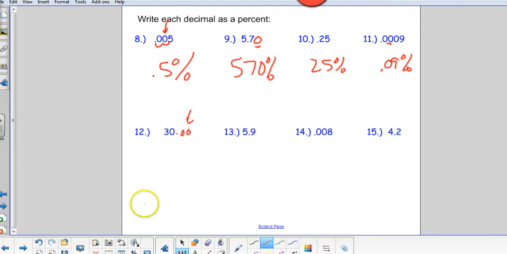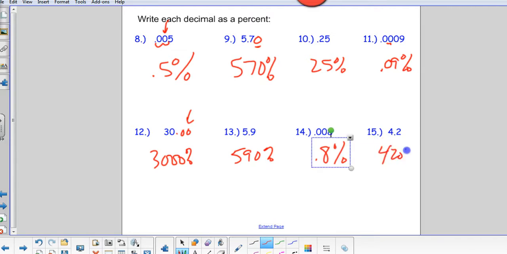To get to the hundredths place is really going to be 3,000%. 5.9 is 590%. 0.8% and 420%. So yes, I moved the decimal point twice in all of these.